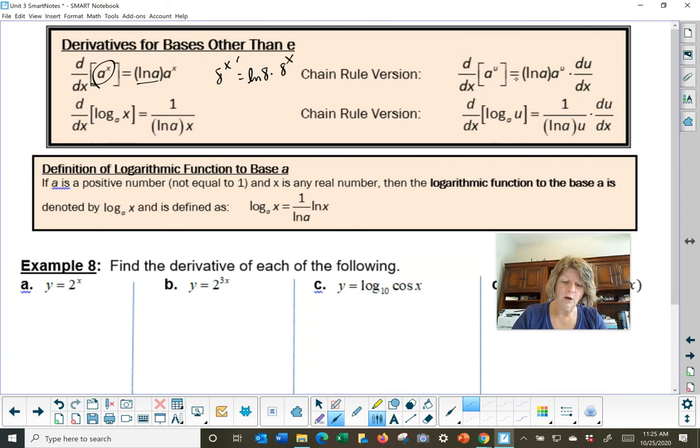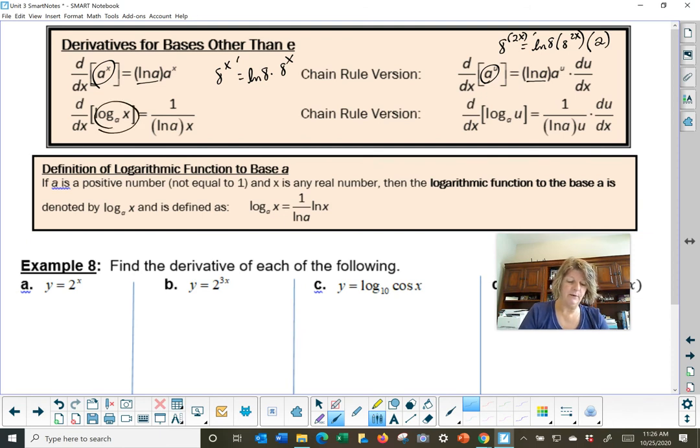Well, now they're saying, what if I had a to the u, like 8 to the 2x, where it's no longer just a simple little x? Well, then I'm still going to have natural log of 8 times 8 to the 2x, because it has itself. And then I need to take the derivative of the 2x piece, getting us the 2. So the derivative of that, very easy example there.